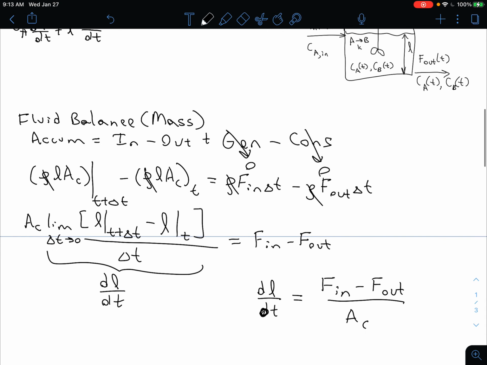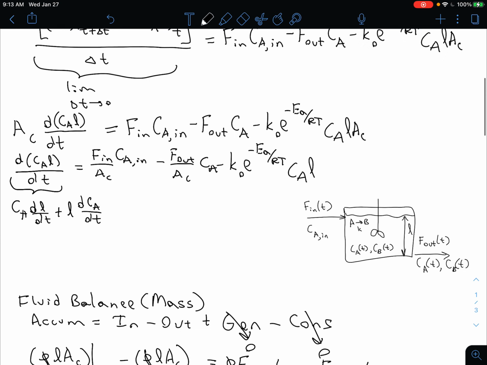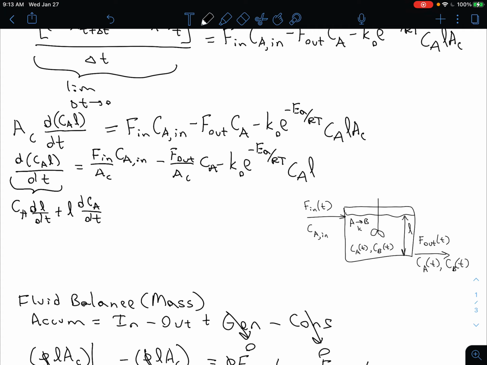And we know that dL/dt is F in minus F out over A sub C. So this is F in minus F out over A sub C. So notice that this F out, if I multiply CA here, this term would look like minus CA F out over A sub C, and we have a minus CA F out over A sub C here.